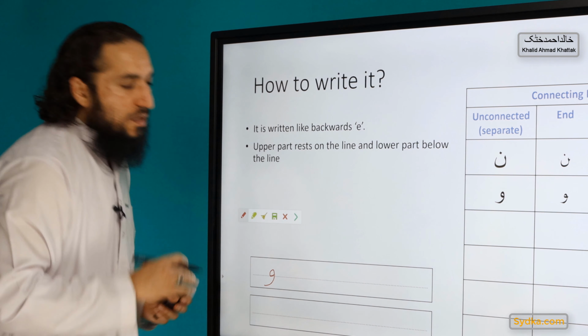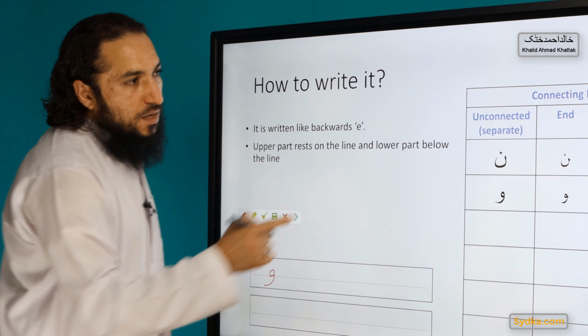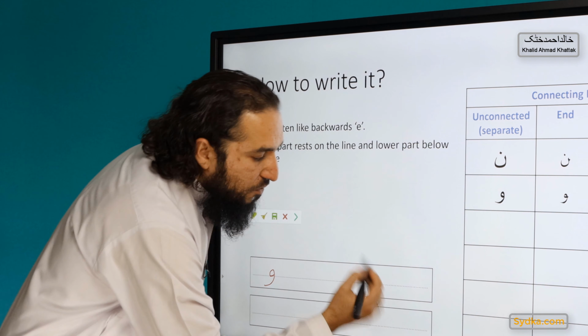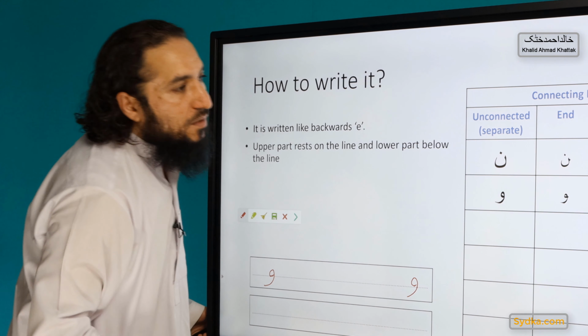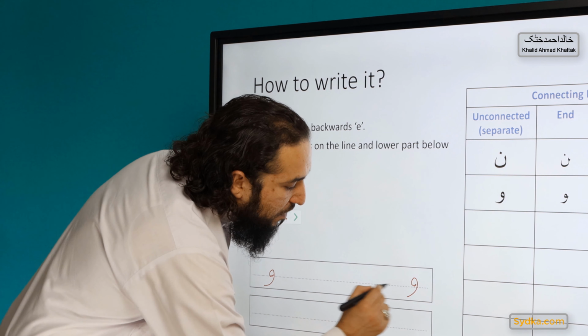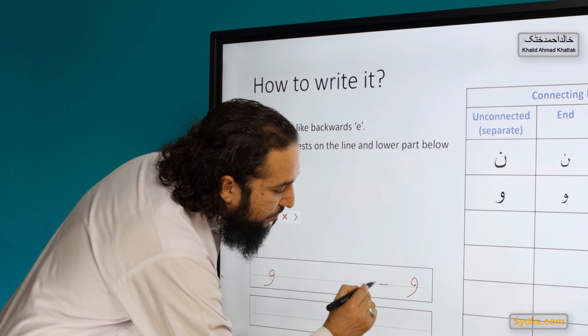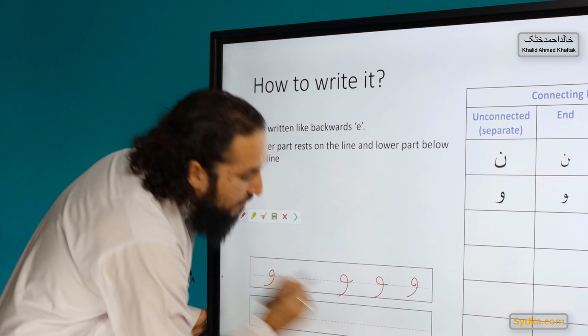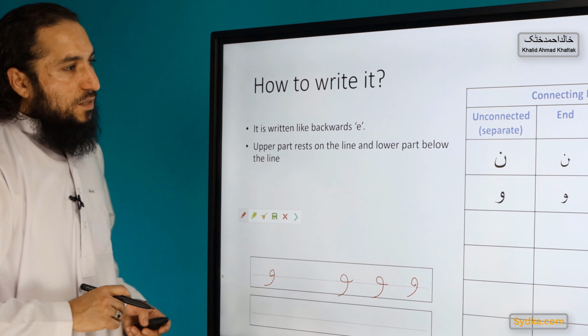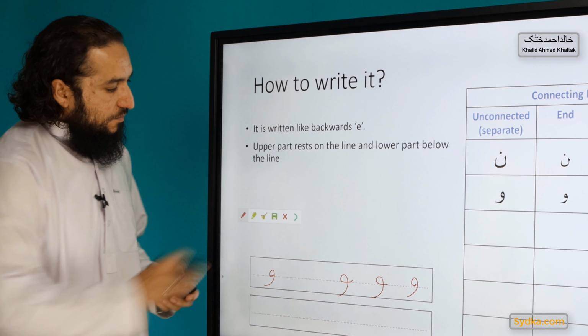It's like an opposite backward E. And the other forms are, if it's written in the beginning of a word, this, in the middle, like this, and at the end, like this. Okay, so that's how we write it.